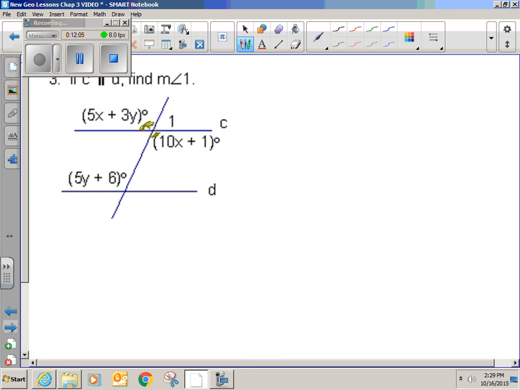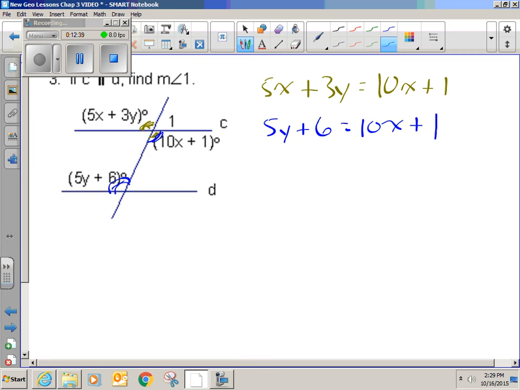I know that those 2 angles are vertical angles, so I know right away now that 5x plus 3y is equal to 10x plus 1. I can also say right here in blue that this angle and this angle are alternate interior angles. Do we see that? Those are alternate interior angles. So I know that 5y plus 6 is equal to 10x plus 1.